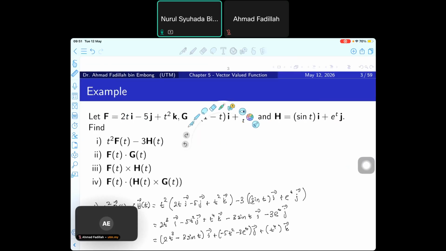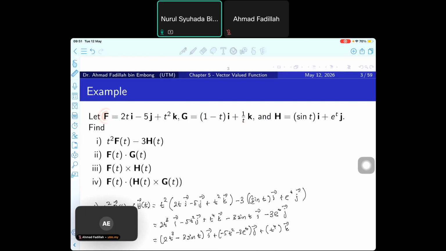Let's say we are given F equal to 2t i minus 5 j and t squared k. In the soft copy, I can bold the vector. This is the way that I write a vector in soft copy or in the PDF here.